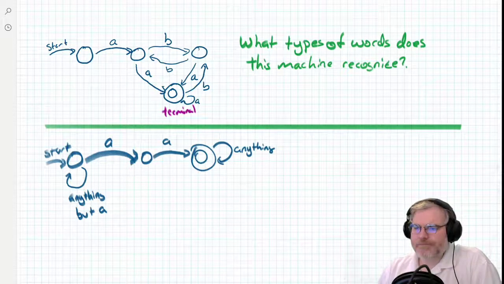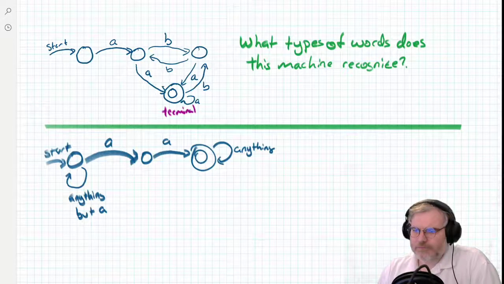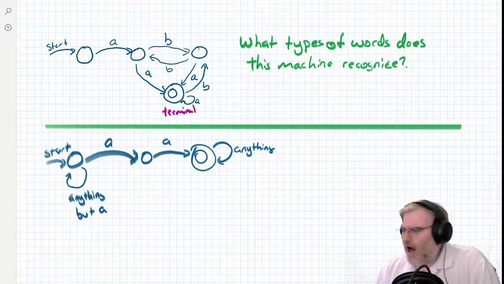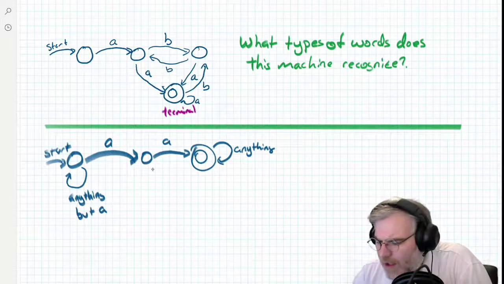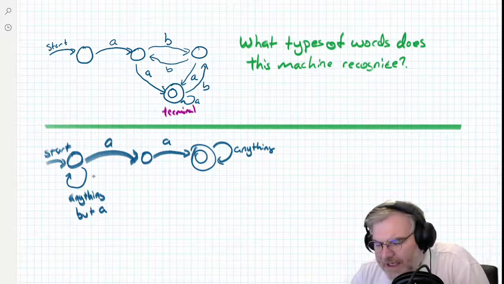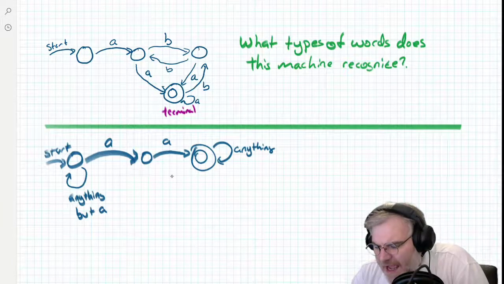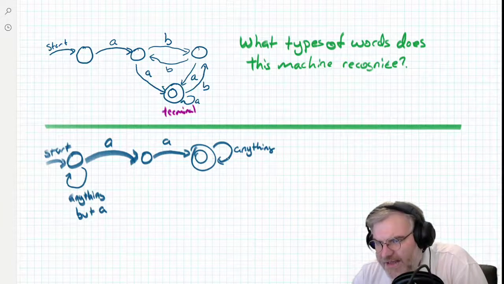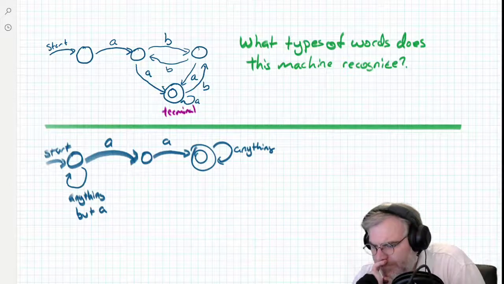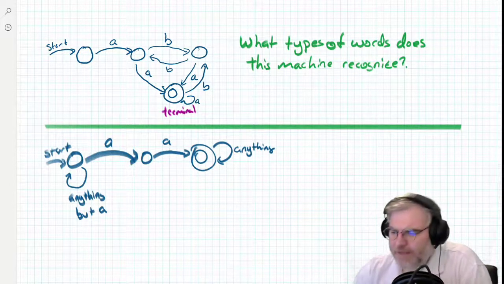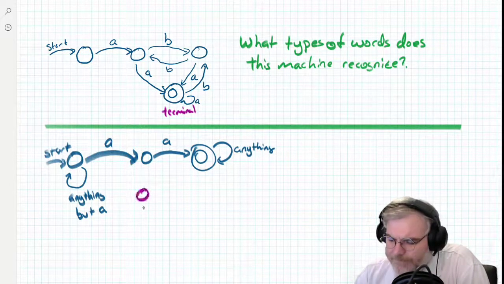Okay. All right. So now I've got this thing going on here. I've got anything but A, anything terminal. Okay. And then I've got a junk state here.